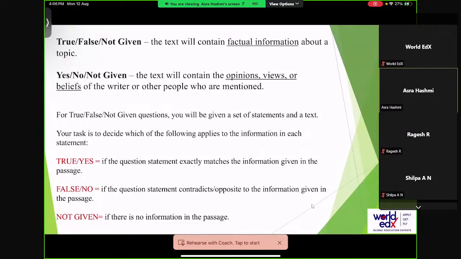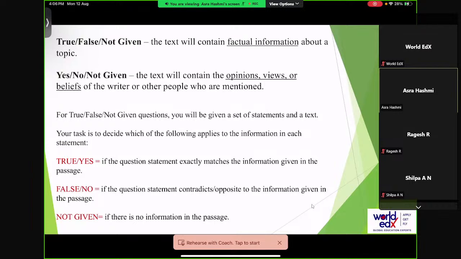Under which circumstances will we consider a statement true? If the statement exactly matches the information given in the passage, it is true. Even if it is paraphrased, if you can understand that it matches, it is going to be a true or yes statement.